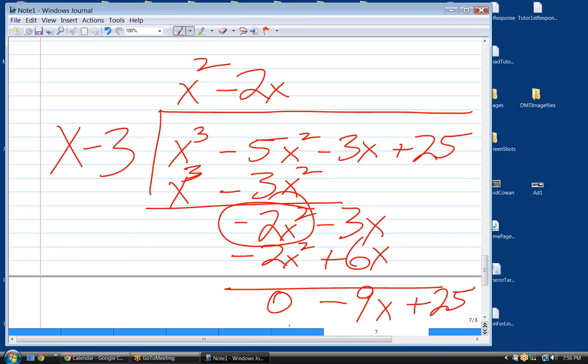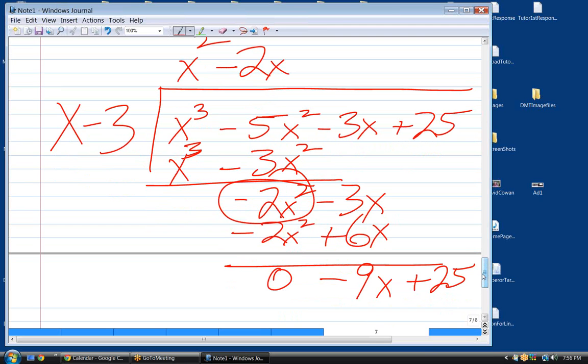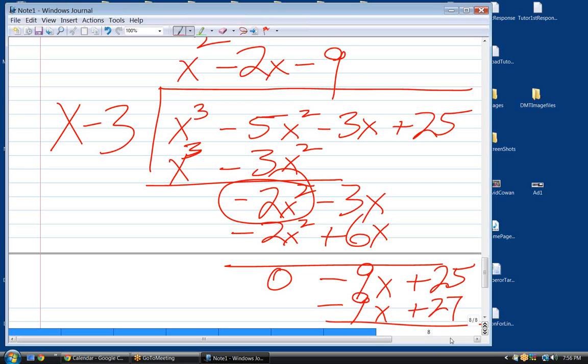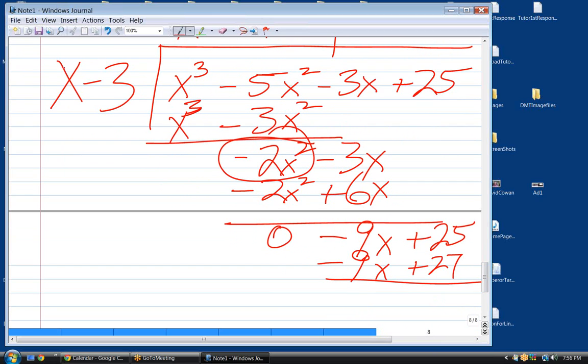X goes into minus 9x plus 25 how many times? Negative 9. Multiply back. Plus 27. Notice that I do not get a 0. If x minus 3 was really a factor, I would have a 0 here. But instead, I got 25 minus 27.